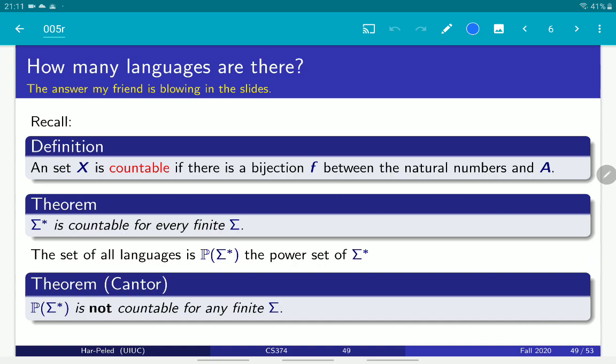In fact, they are not equal in size. This is not easy at all to see, because it is true that for any finite set A, non-empty, the power set is always bigger than A. But this is for finite sets.